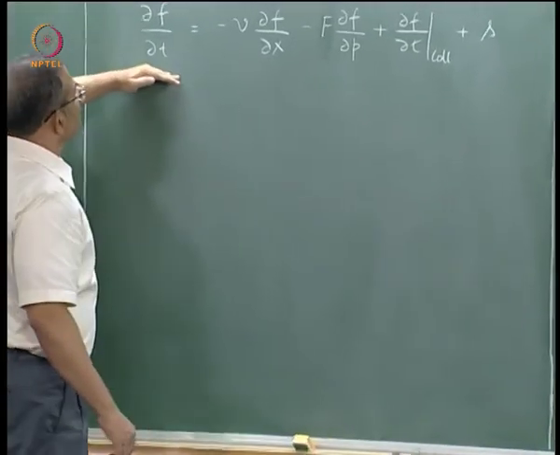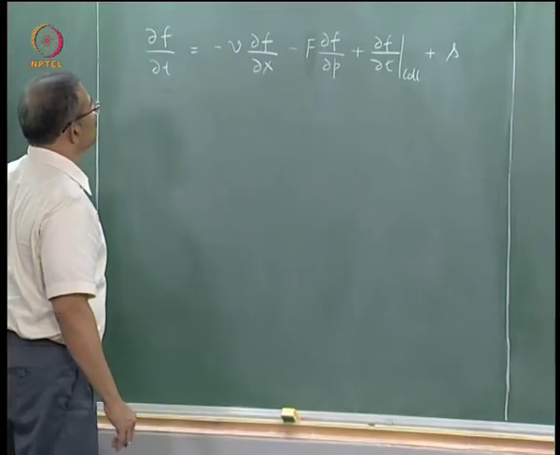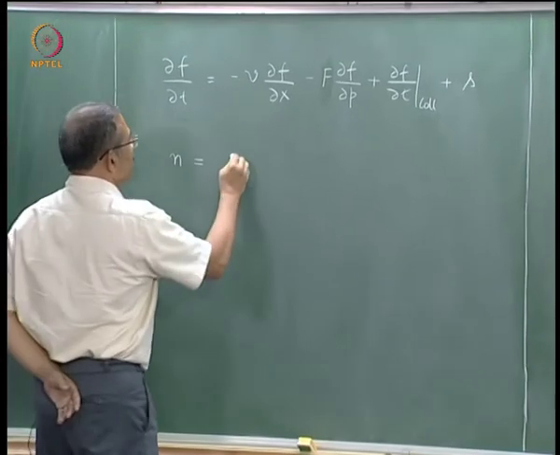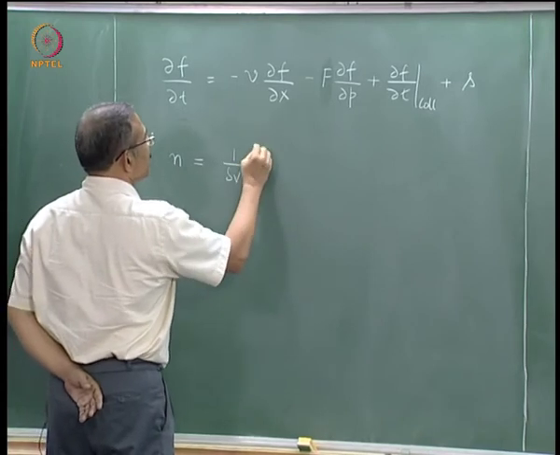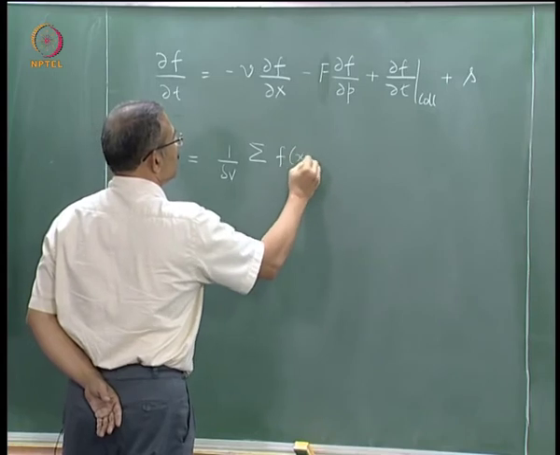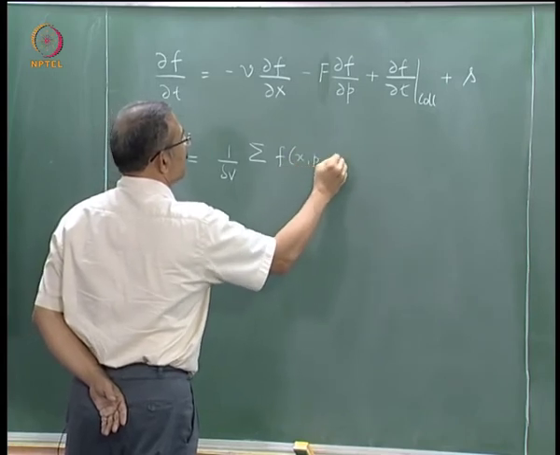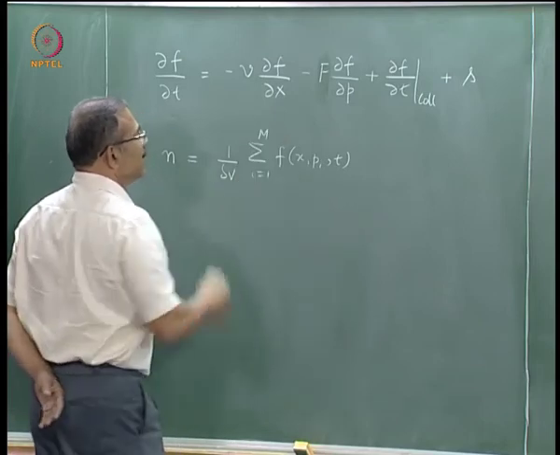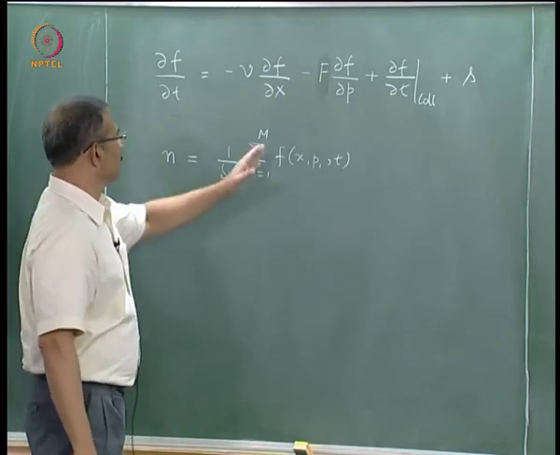So this is our Boltzmann transport equation. You know that n is given by 1 by delta V into sigma f of x, pi, t, where you are summing up over all the available states or allowed states.